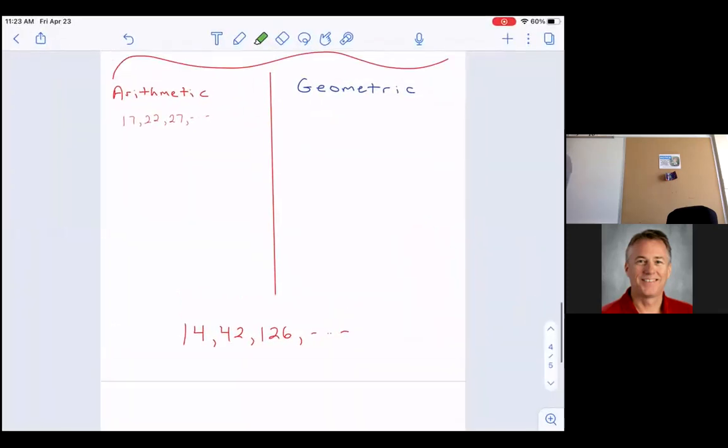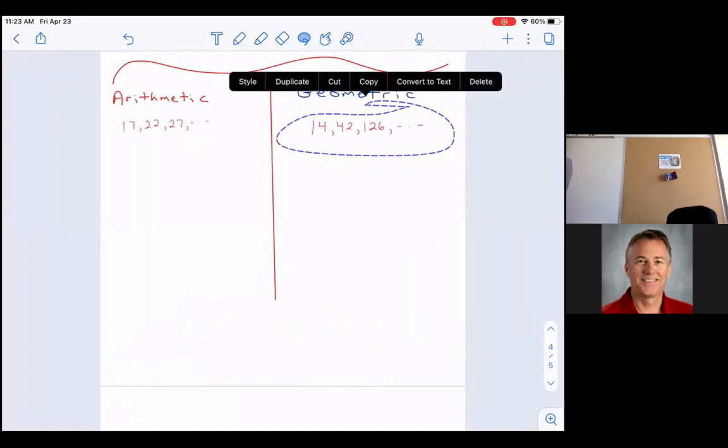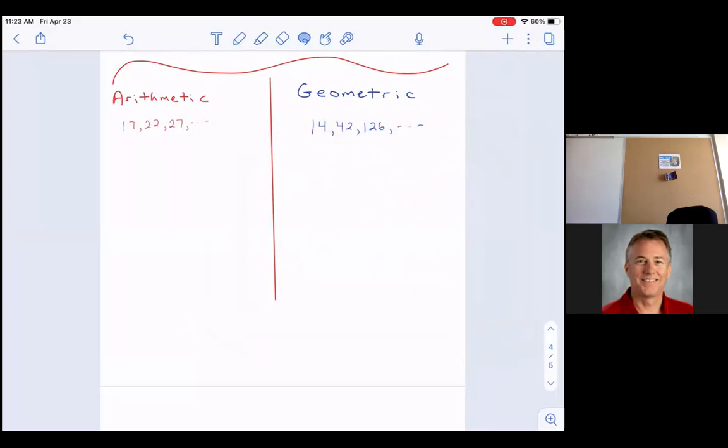So then let me go back here and lasso that, put it over in the geometric area. And I want to change its color. Oh, look at that. So nice. I changed it to blue because it's geometric.